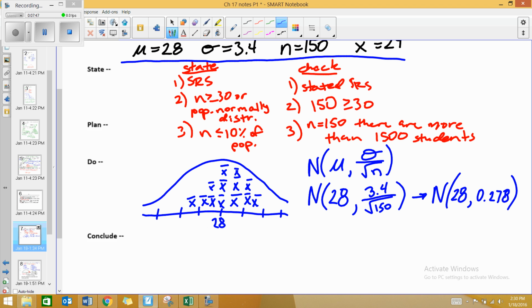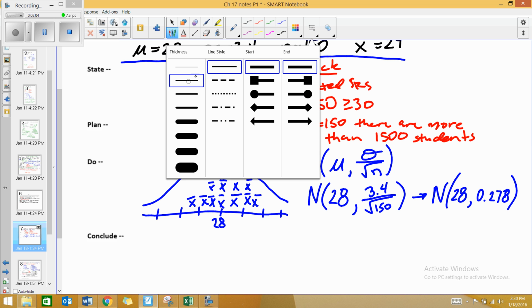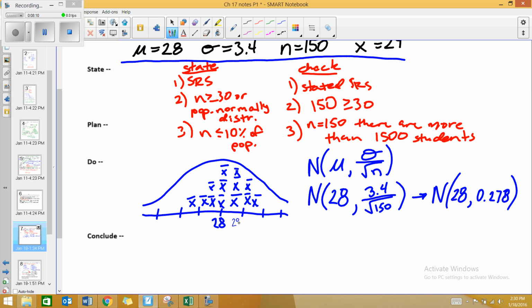Okay, so looking down here, we can add that to our picture. I'm just going to call this 0.27. Just bear with my picture because it might get a little sloppy. Okay, so we have 28 plus 0.27. That just gives us 28.27.